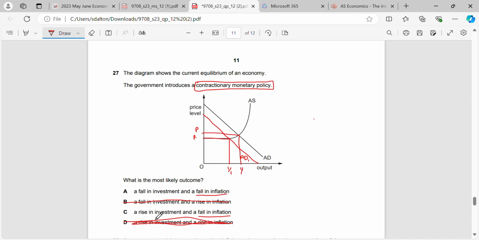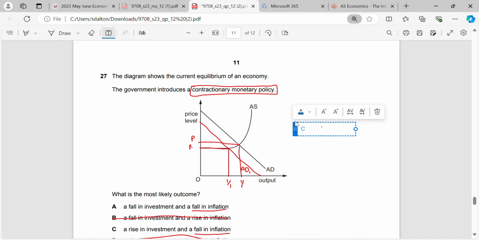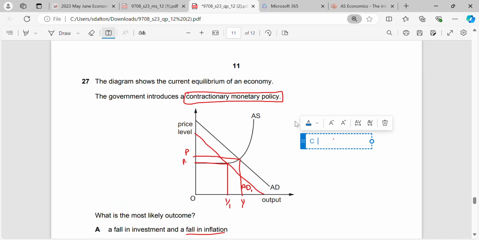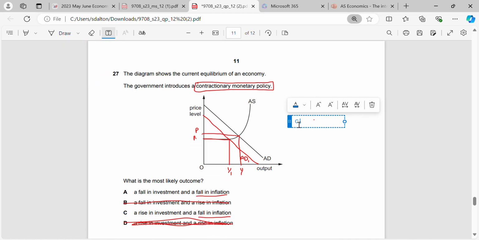So to figure this out is very simple. The components of aggregate demand are C, consumer expenditure. C plus I plus G plus X minus M. Okay, those two will be in brackets to reflect our net exports. So what we can see is that a component of AD is investment.